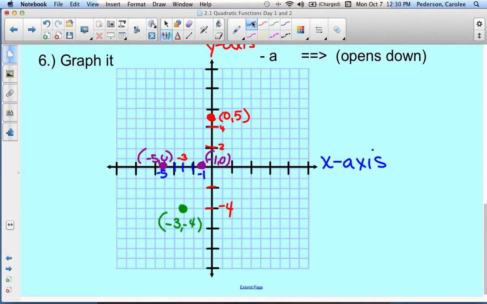And now I'm going to put it all together. There's my vertex. I also have that line of symmetry. I'm just going to graph that in the yellow. That line of symmetry is at x equals -3. And that's how you graph in standard form.